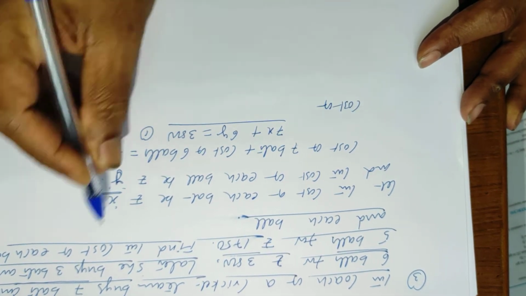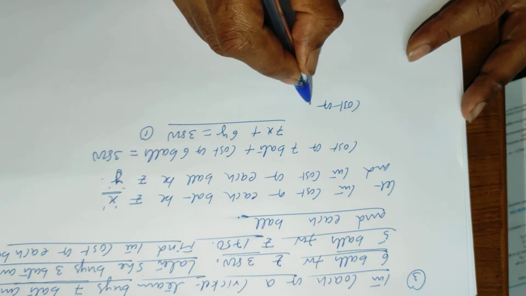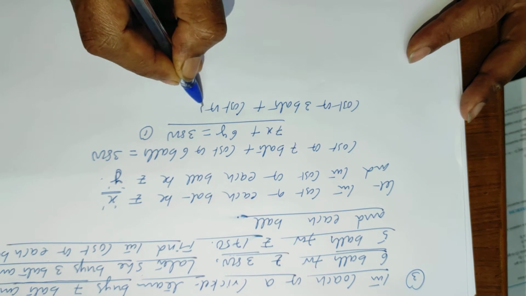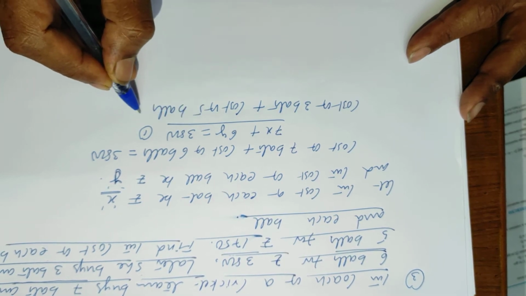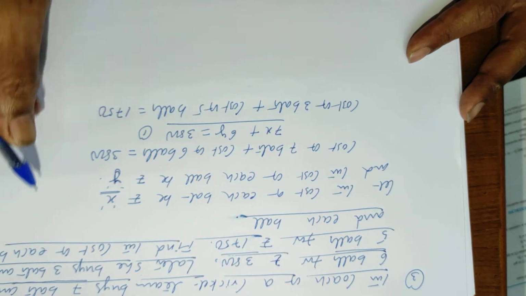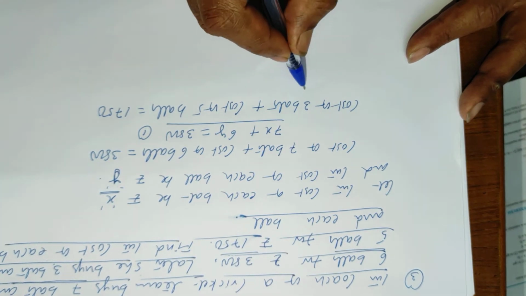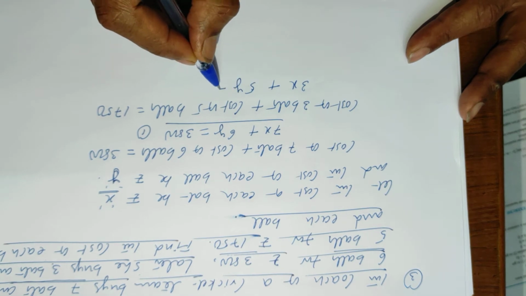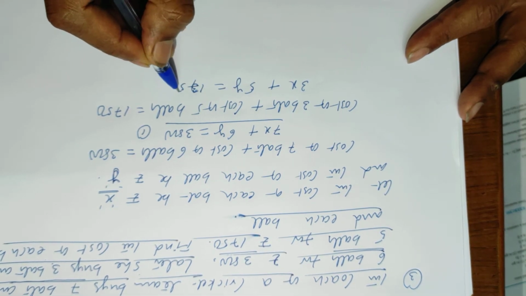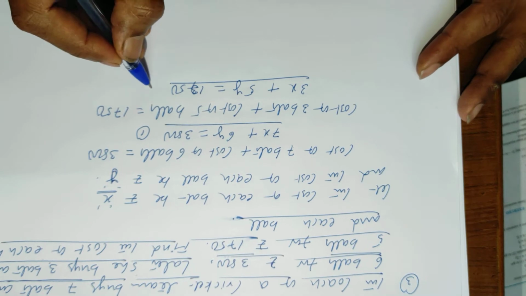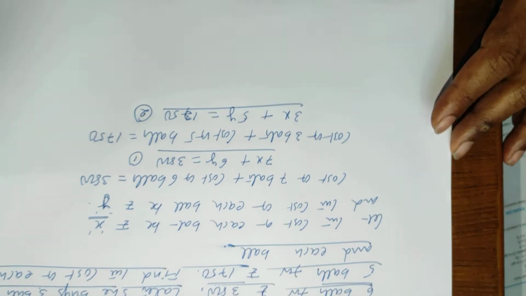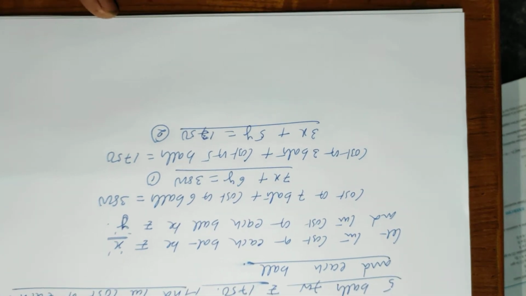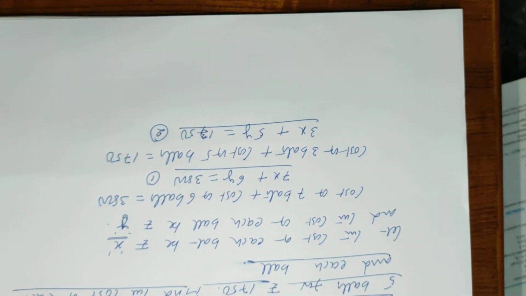Similarly, cost of 3 bats and 5 balls. Cost of 3 bats plus cost of 5 balls is equal to 1750. 3 bats, that is 3x. Cost of 5 balls, 5y, is equal to 1750. I call this 2. So let us solve these equations by the substitution method.